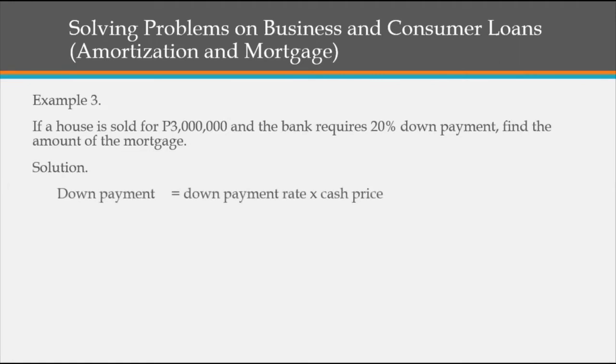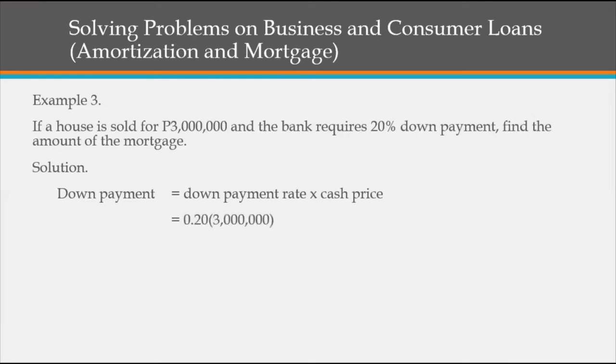So, ang target natin dito, if we're going to form an equation for the scenario, we have the down payment is equals to the down payment rate times cash price. Okay, para makuha muna natin yung down payment.